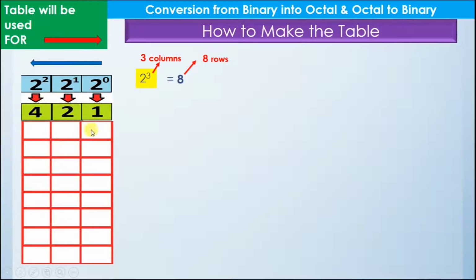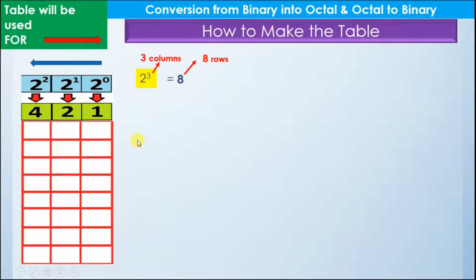If the value in the box is 0, that means that the value is 0. If the value in the box is 1, then in this column the value will be 4, not 1, because 4 is at the top of it.